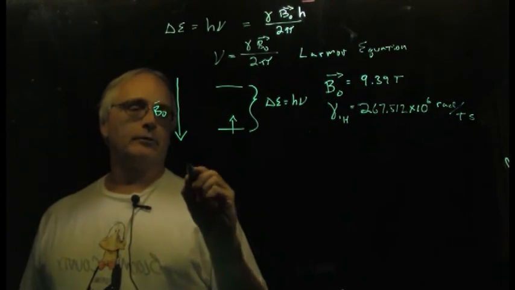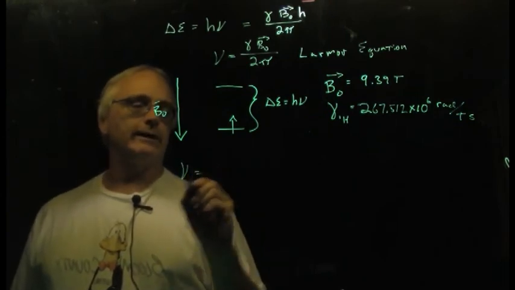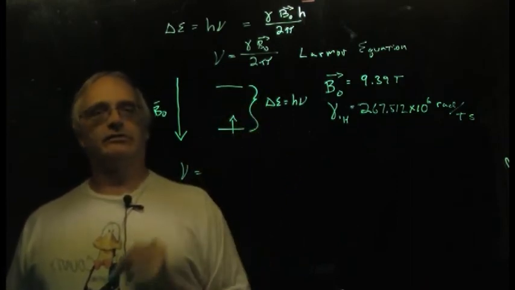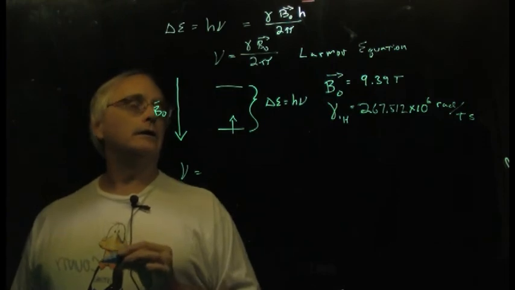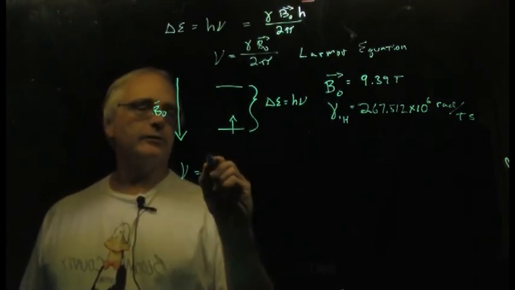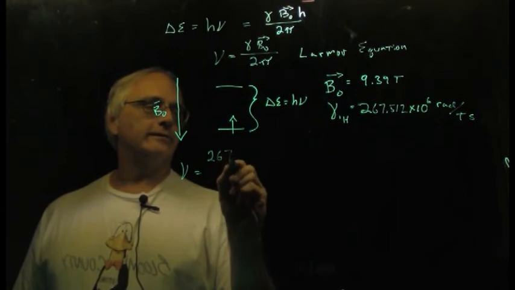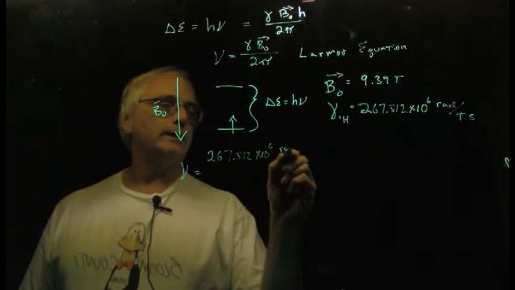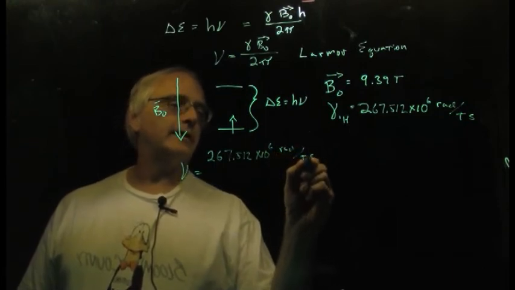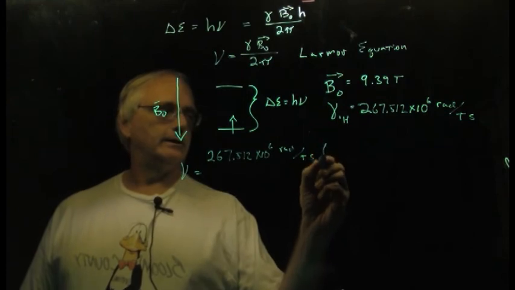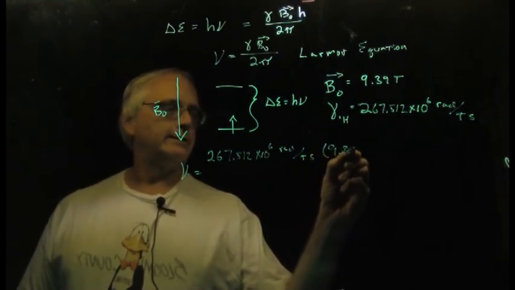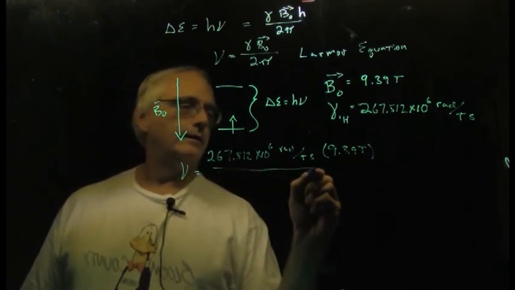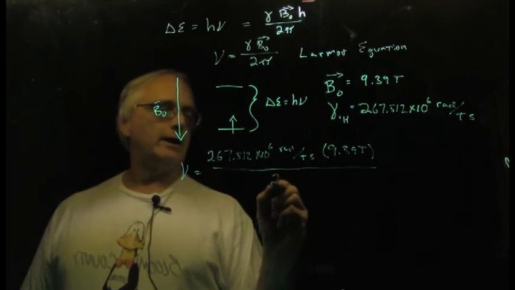So if I plug them into the Larmor equation, what I'm going to get is the frequency of light I need to make a proton transition between its spin states in our magnetic field. So if I start plugging away: 267.512 times 10 to the 6th radians per Tesla second, times 9.39 Tesla, divided by 2 pi.